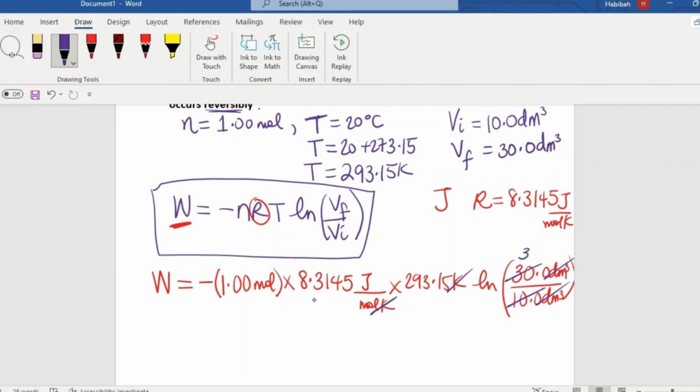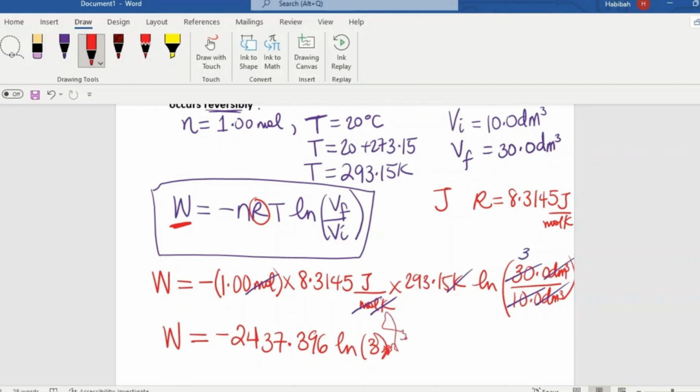Kelvin, Kelvin, mole, mole cancel. So work is W equals negative 8.3145 times 293.15 times 1, which gives negative 2437.396, and then of course ln 3.